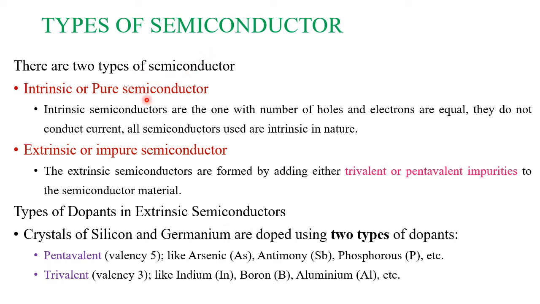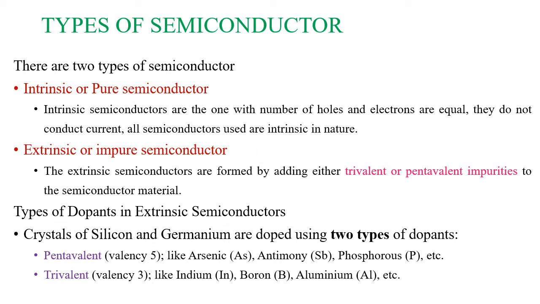Here the intrinsic semiconductor can also be called a pure semiconductor, and the extrinsic semiconductor can also be called an impure semiconductor. And we know that for an intrinsic semiconductor, the number of electrons and holes are equal. For an extrinsic semiconductor, the number of electrons and holes are not equal.